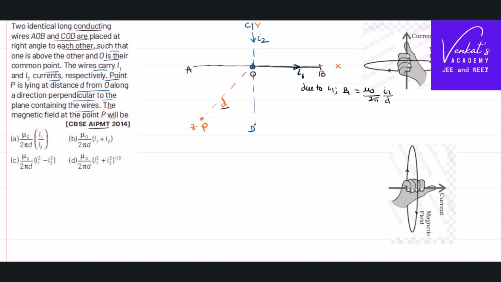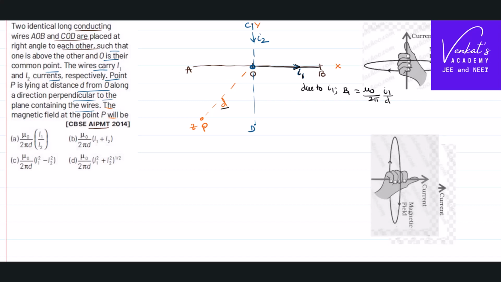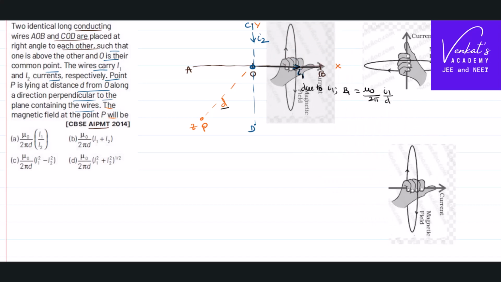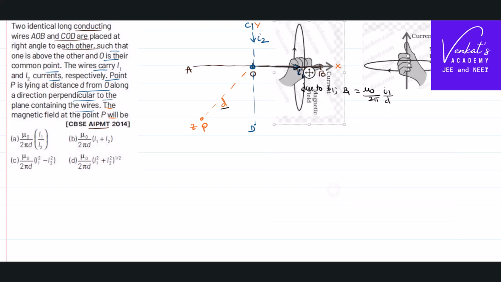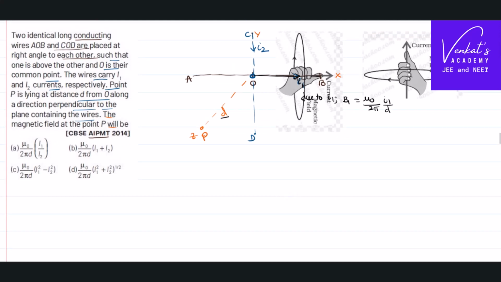To know the direction of that, first we need to know where your point P is. Let me just shift this diagram, just give me a moment. I will simply shift this diagram here to tell you about the direction. See here, this is how the direction is, right.